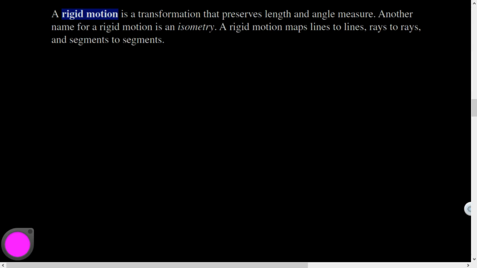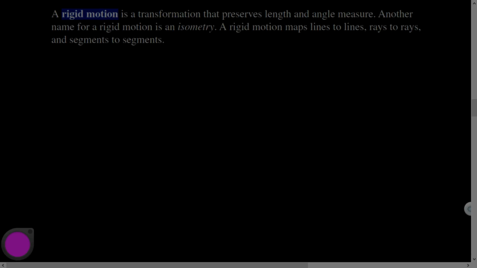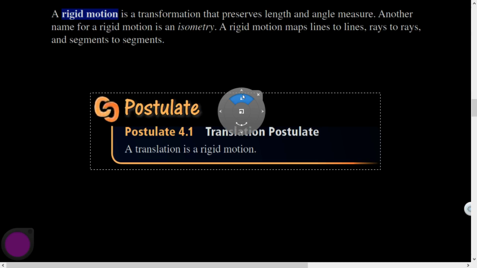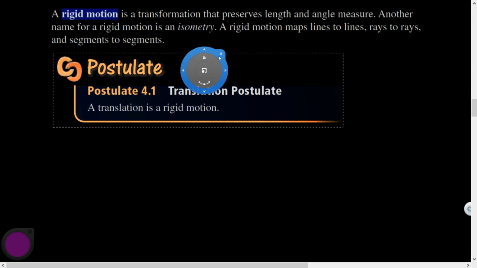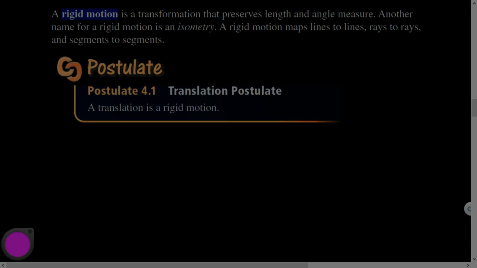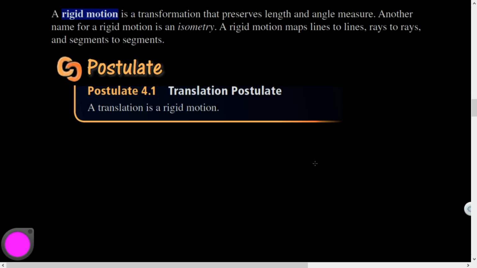And guys, here's a postulate for you to believe without proving: a translation is a rigid motion. You don't have to prove it, it's a postulate.